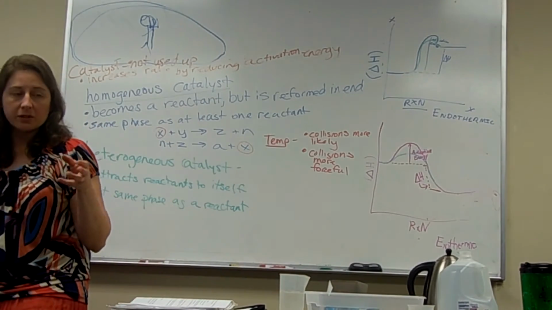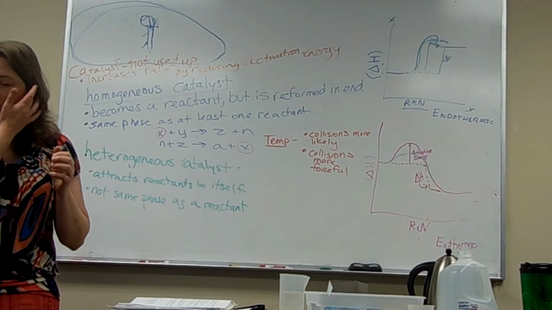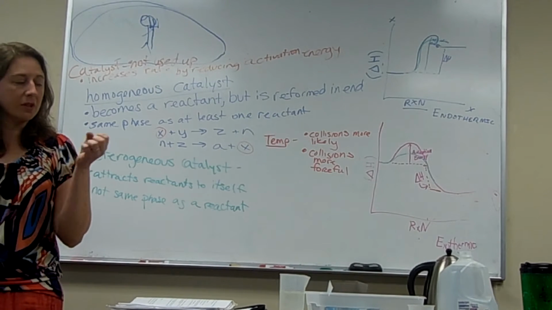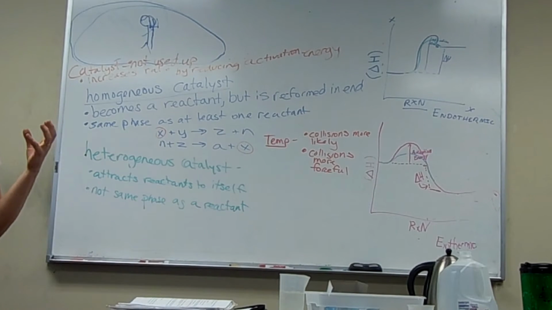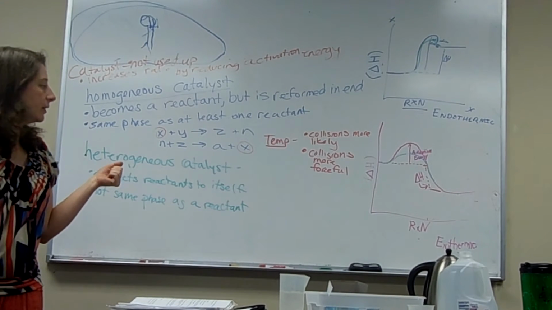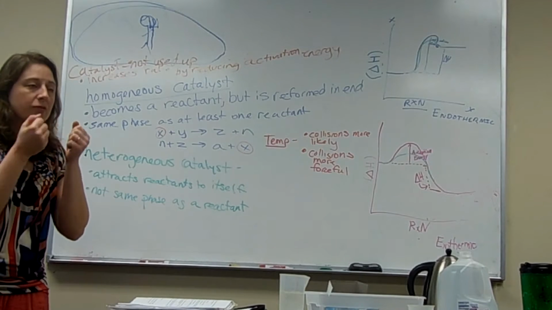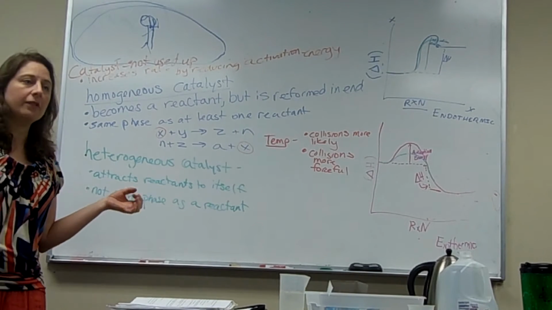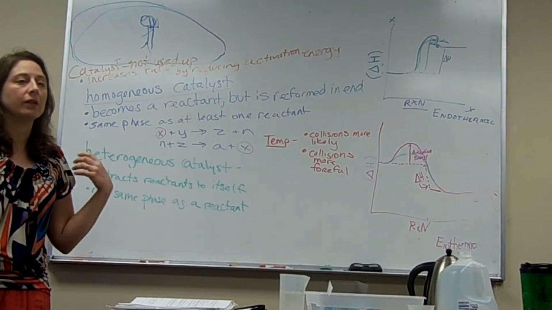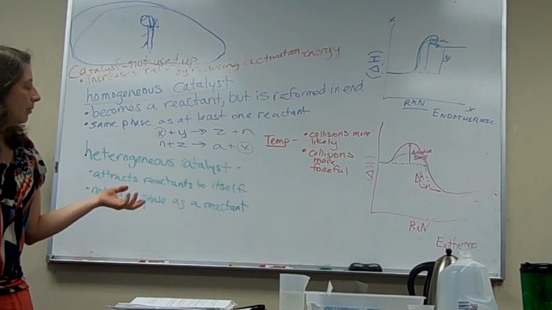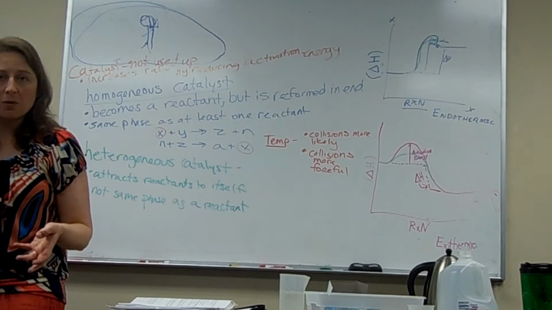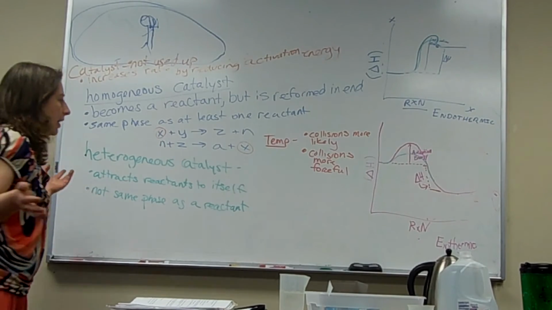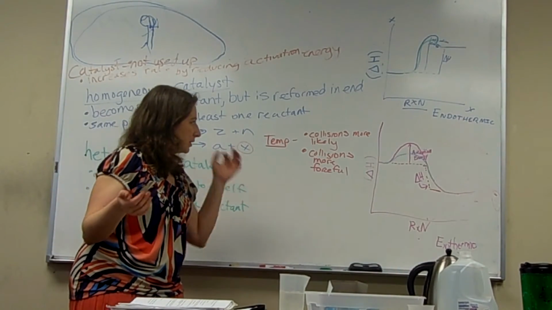For a chemical reaction to occur, you have to have two molecules collide so that their valence electrons can interact with each other. If they collide, but the collision's not forceful enough, no reaction will occur. If they collide and the orientation's wrong, they won't react. So they have to collide in the right orientation with at least the right amount of force, and they have to collide at all.